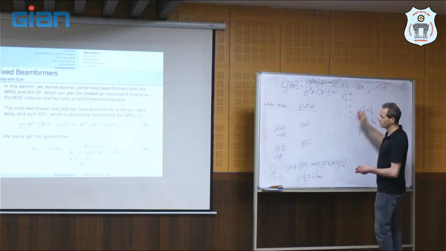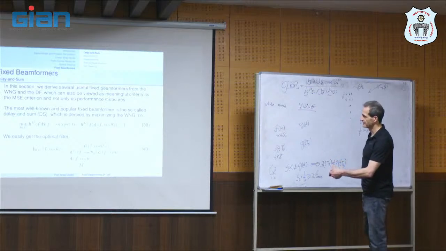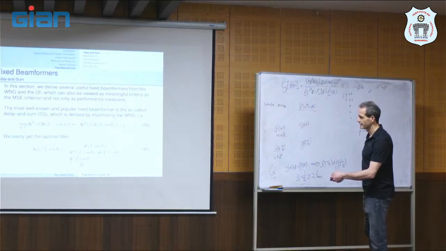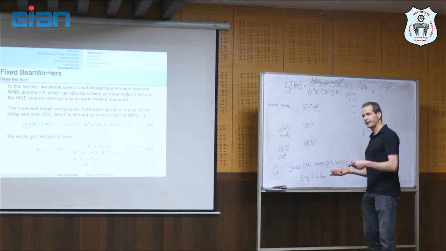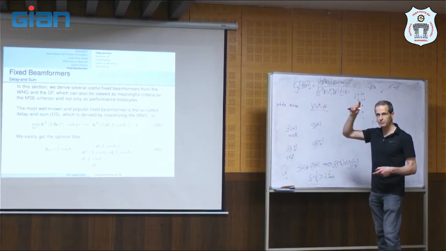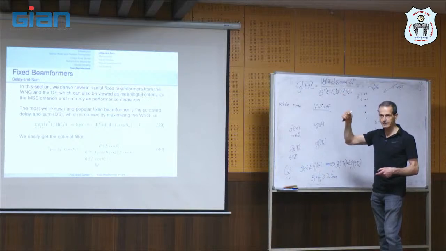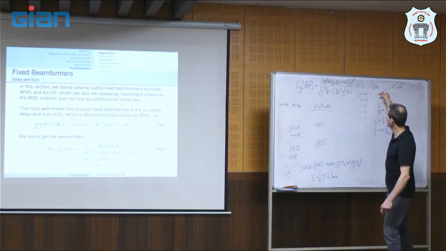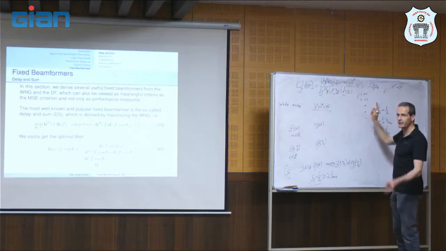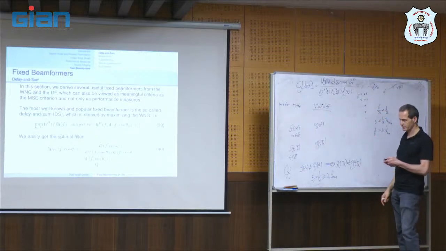The beamformer compensates for this delay, because we take H transpose conjugate, the complex conjugate of the exponent with a delay. So the sign in the exponent becomes plus instead of minus. It compensates exactly for this delay, the opposite of the delay.